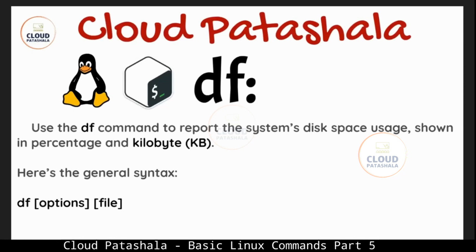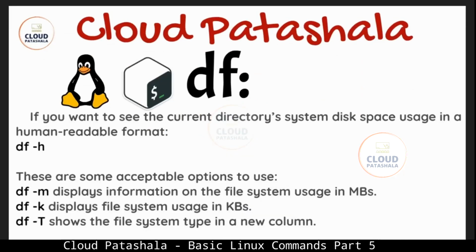We can also have some flags like -m, which displays the information in megabytes, -k, which displays the information in KB, and -t, which shows the file system type in a new column. We can also have -h, which would show us the details of the file system in a human readable format.